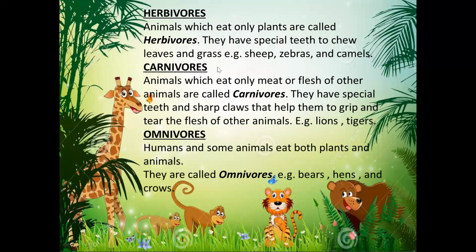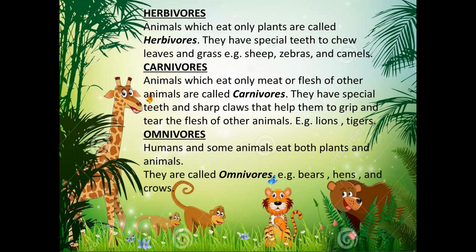Moving to the next, that is carnivores, and I hope all of you are well aware of this term. The animals which eat only the meat or flesh of other animals are called carnivores. Carnivores also have special teeth and sharp claws that help them grip and tear the flesh of other animals.